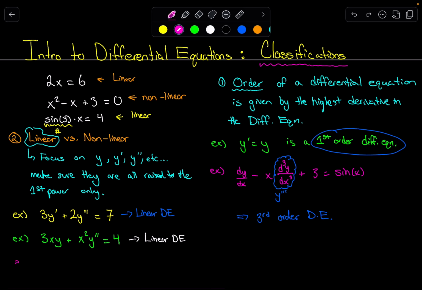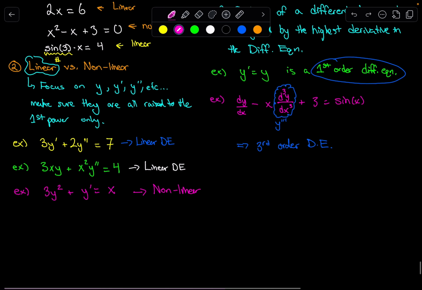Now, if I were to have given you something like 3y squared plus y prime is equal to like x or something, this is nonlinear due to the fact that this y term is being squared. And another example of something that may be nonlinear might be if I had x times y prime, and I had this entire thing cubed plus 2y is equal to the natural log of x.